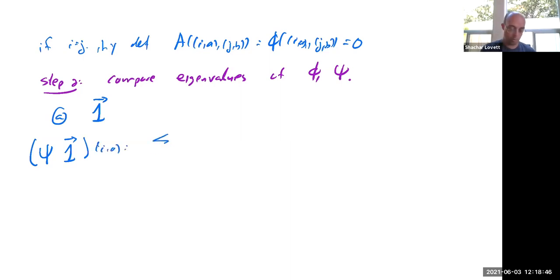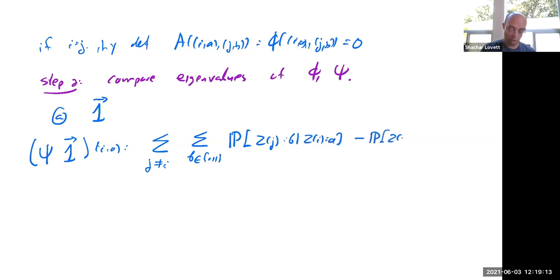That's going to be the sum over all j not equal to i, and the sum over all b in 0, 1, just because I multiply by 1, of this matrix, which is going to be the probability that Zj is b conditioned on Zi is a, minus the probability that Zj is b.